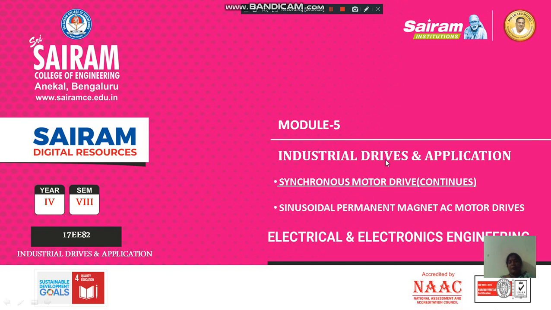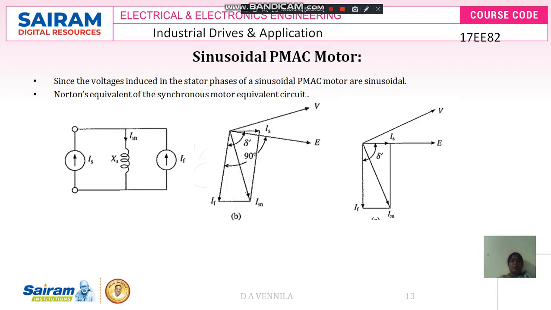Here we have already discussed the basics of permanent magnet AC motor. If the induced voltage in the stator phase is sinusoidal in nature, then we can call it a sinusoidal permanent magnet AC motor.